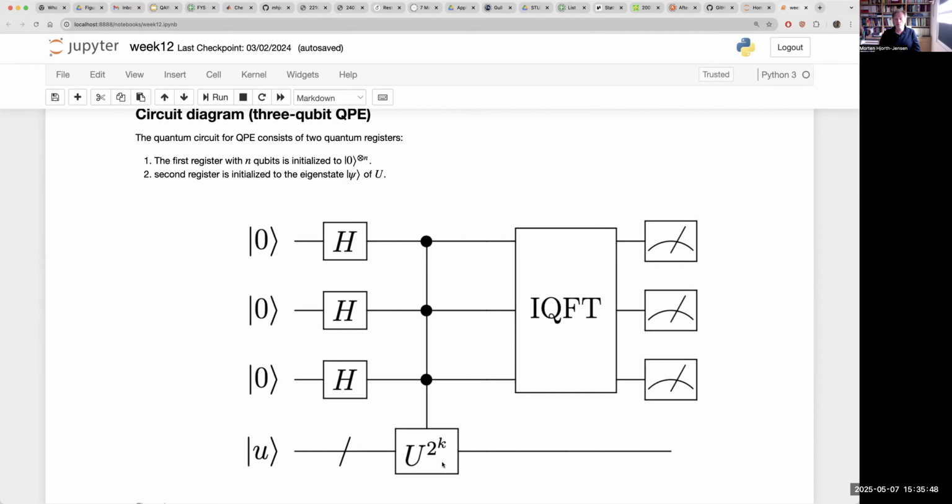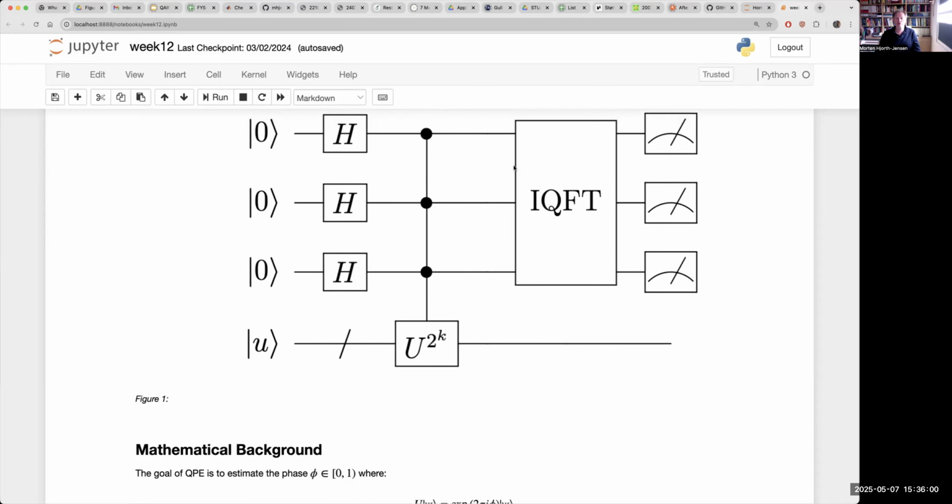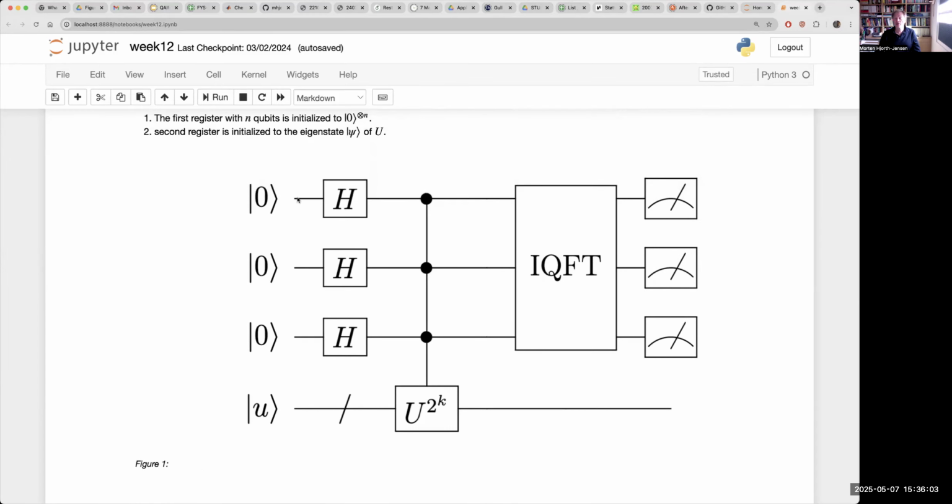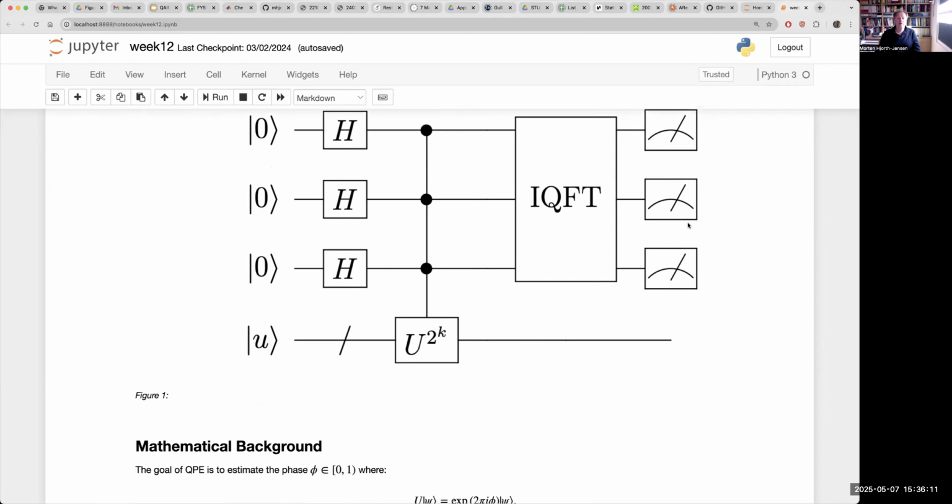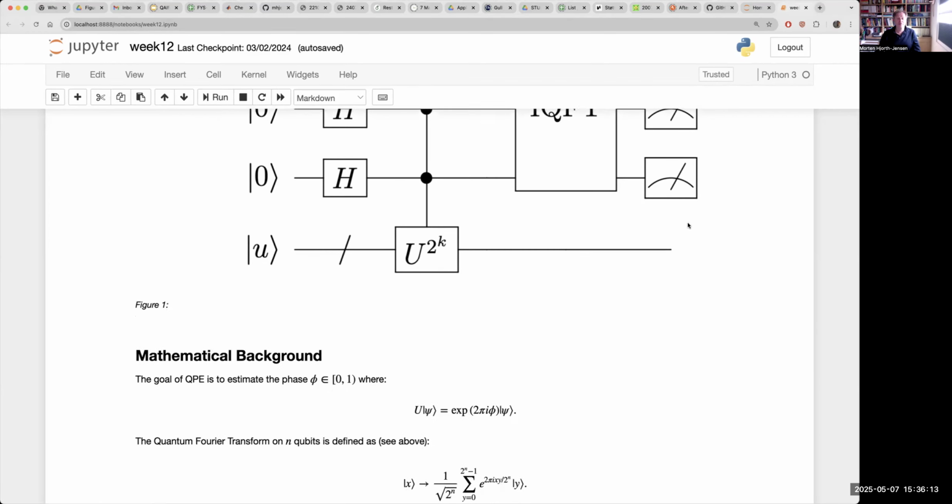We have this gate operation represented by this unitary. And then we have an inverse, IQFT is an inverse quantum Fourier transform. And then finally, we make the final measurement in order to extract. So every one of these bits is going to represent the precision which we will get for the phase. And making these measurements, we can then reconstruct the final phase.